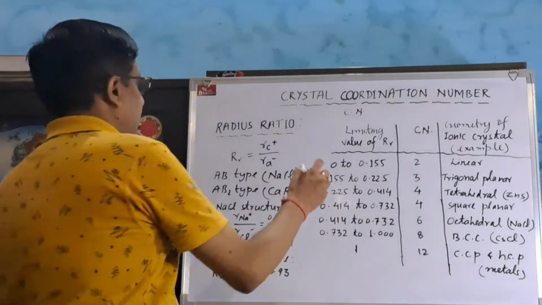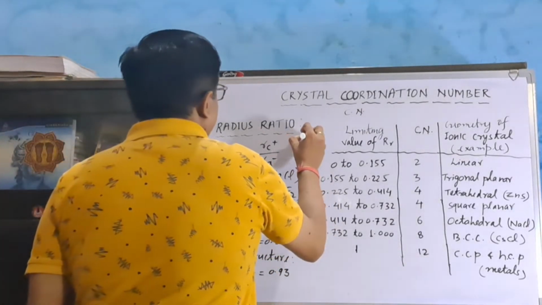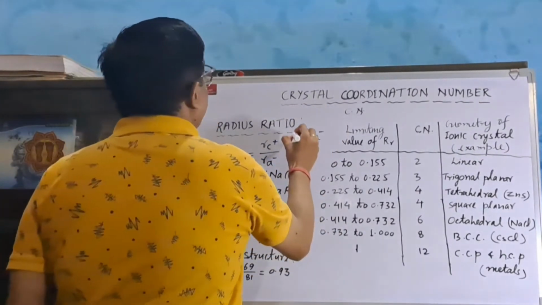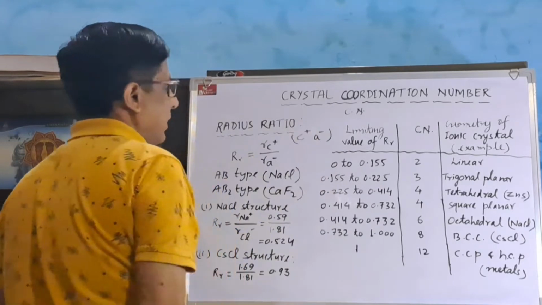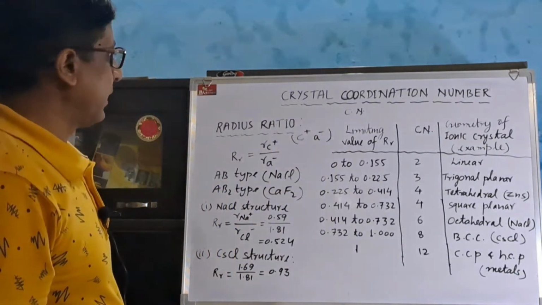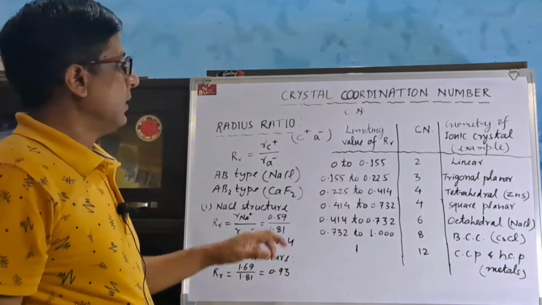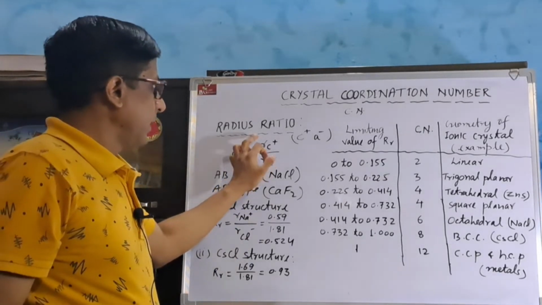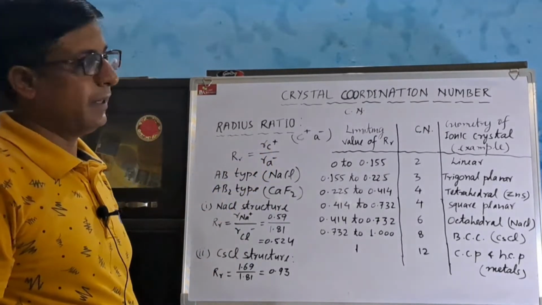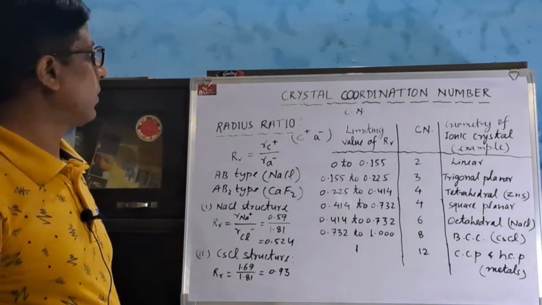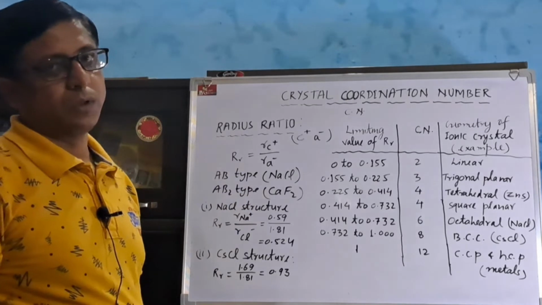If we take an ionic crystal C+A-, where C is the cation and A is the anion, then the radius ratio may be defined as the radius of cation divided by the radius of anion. This is called radius ratio.